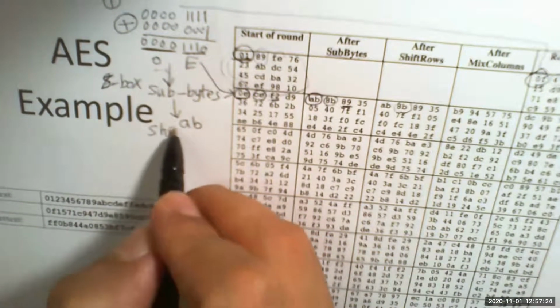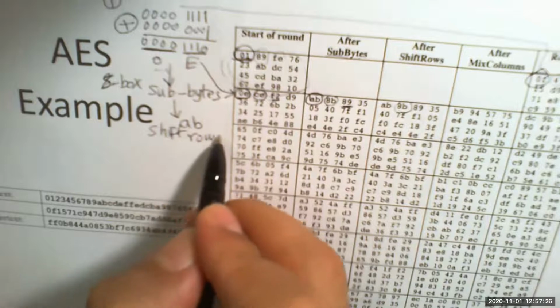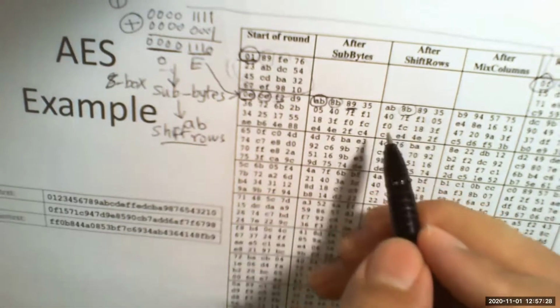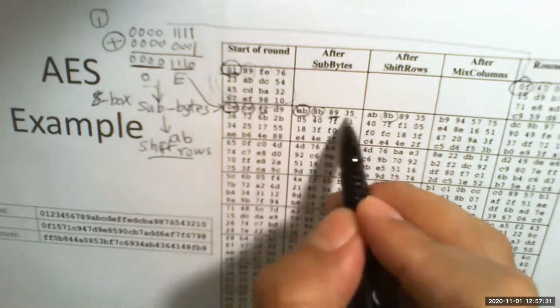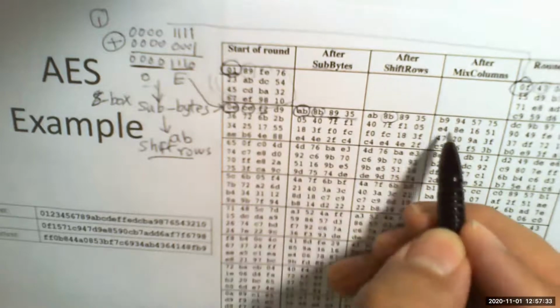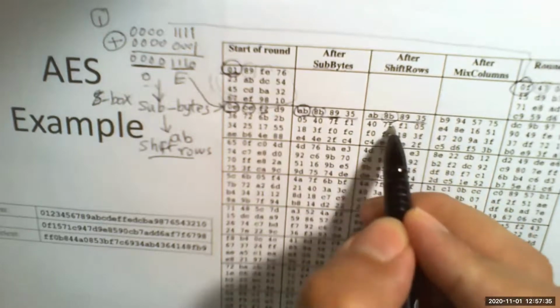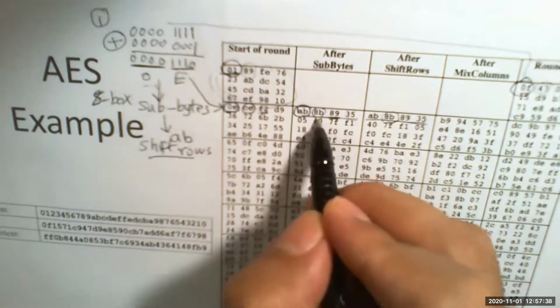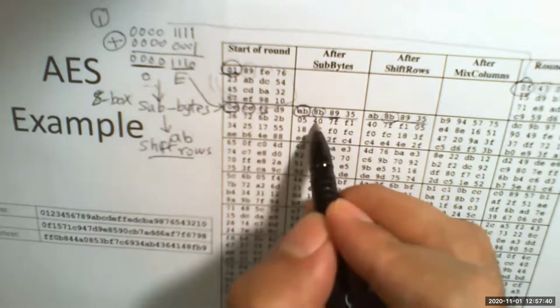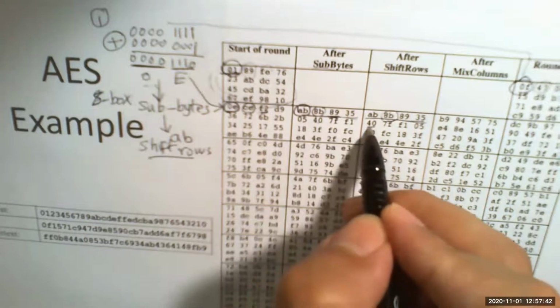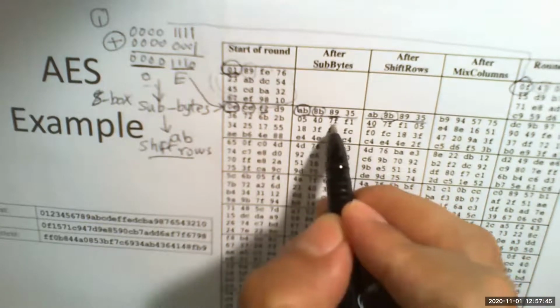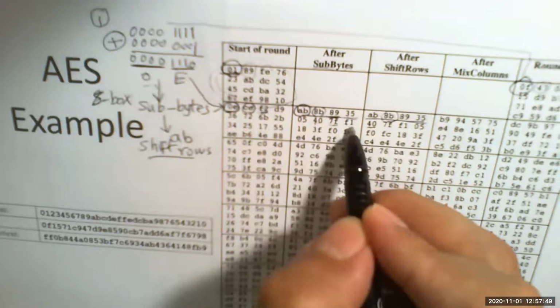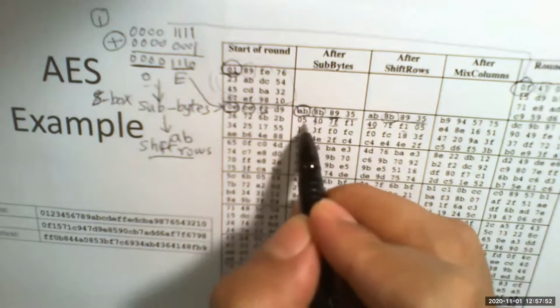After sub bytes, I make shift rows. Shift rows is simple. You can see here the first row is not changed. The second row is shifted to the left, which means 40 will be here, and 7F will be here, and F1 is here, and 0F is moved to the end.